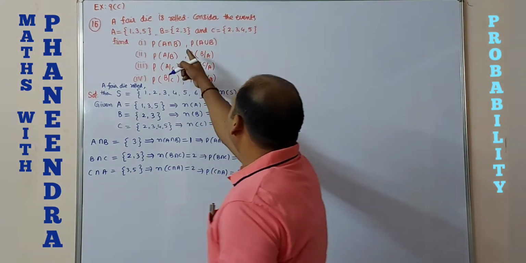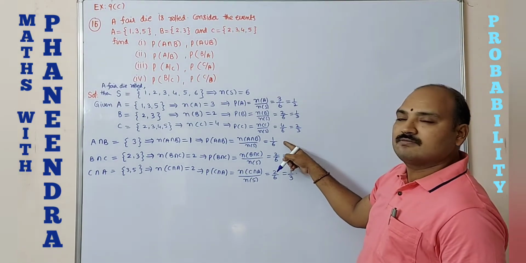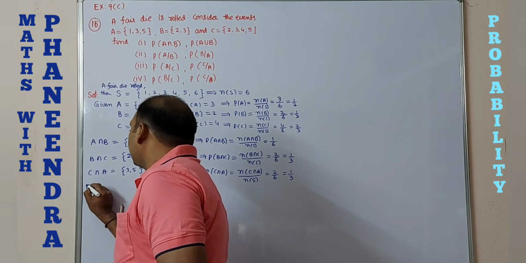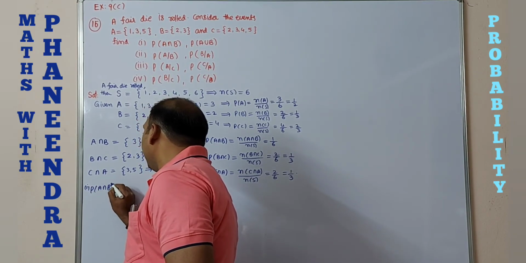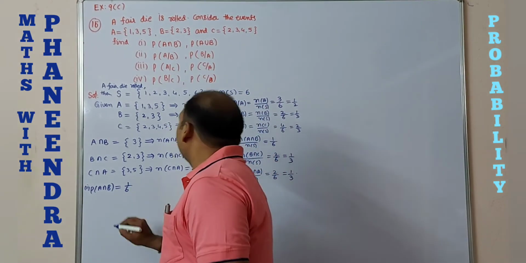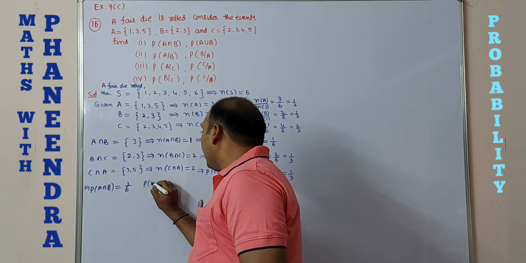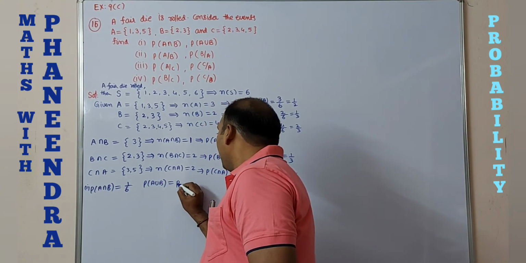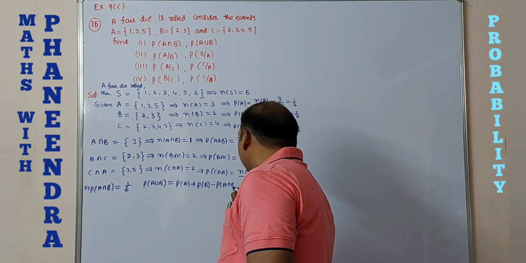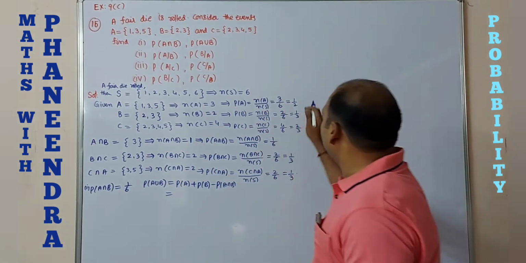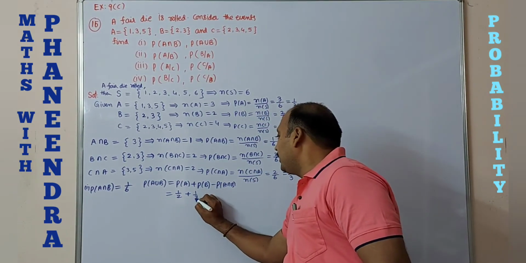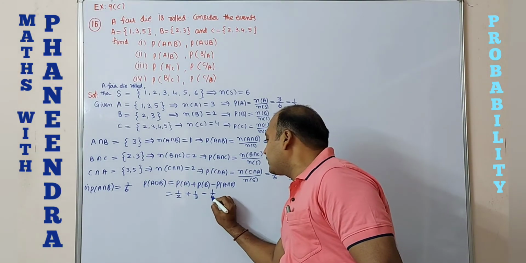So first one, P of A intersection B, we got it here, 1 by 6. Here directly I am writing. We already discussed, 1 by 6. Next, P of A union B is P of A plus P of B minus P of A intersection B. So P of A value 1 by 2, P of B value 1 by 3, minus P of A intersection B, 1 by 6.